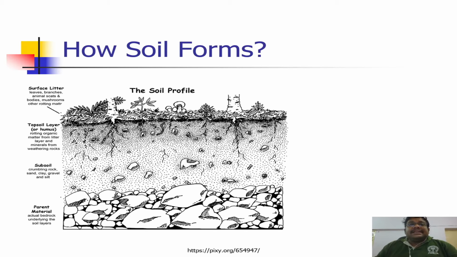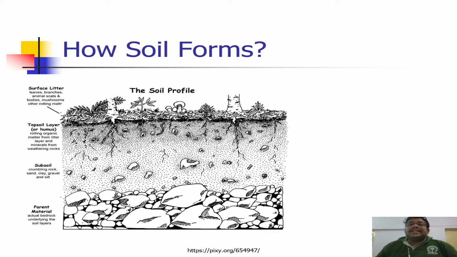Now let us consider that these are some parent rocks from which the soil forms, and these parent rocks are acted upon by different physical forces, which we are going to discuss in detail.